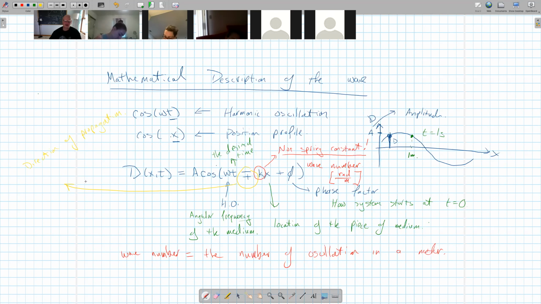It tells me what direction my wave is moving. Is it moving to the right or to the left? It turns out that the negative sign corresponds to a right moving wave, and the positive sign corresponds to a left moving wave.